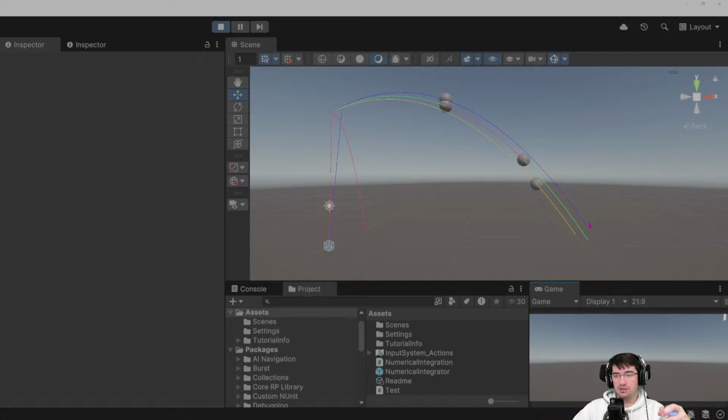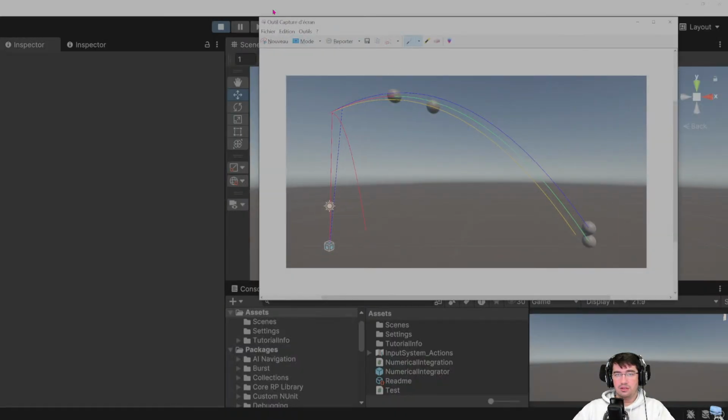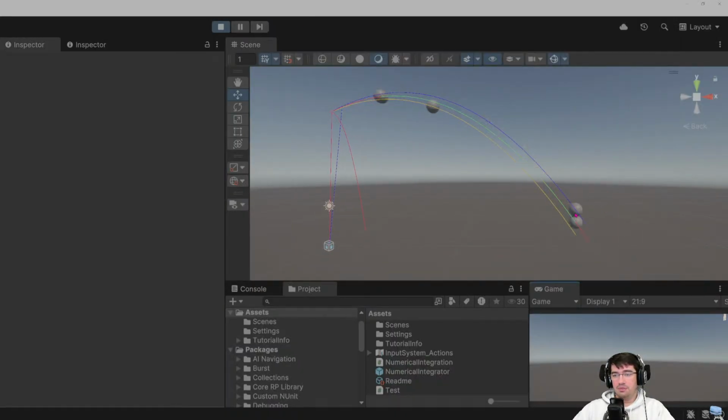The only one that is probably, and I can try that with my little screen capture, so let's capture that, I think that the green one, or red one in that case also, is the integration method that is less impacted by frame rate, or is less frame rate dependent.